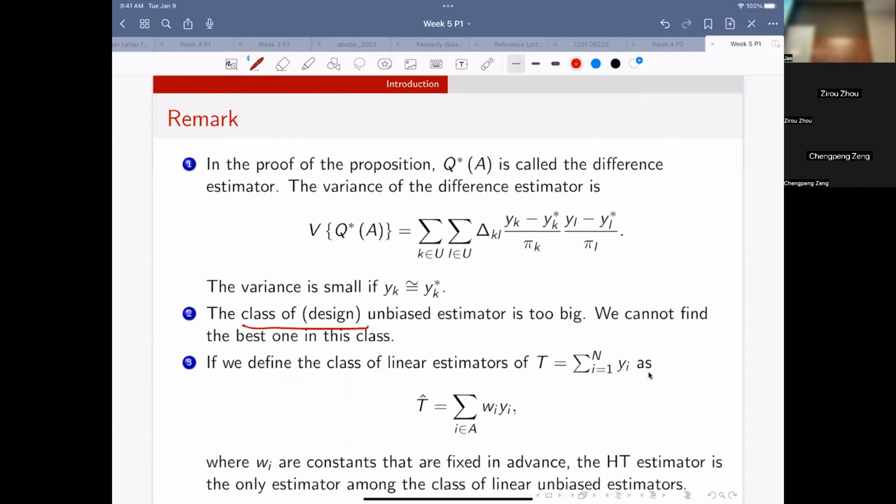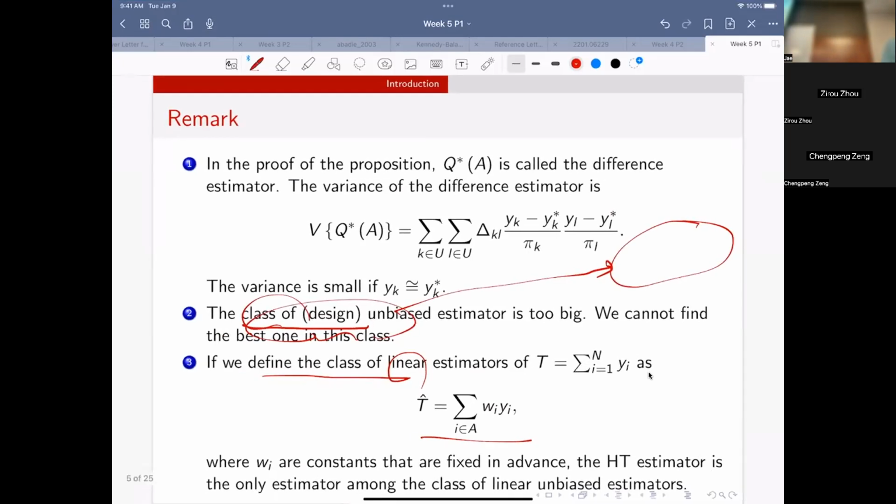So maybe we should consider a smaller class. And if you narrow down and choose your class to be linear estimators, then we also have a problem, because this class is too big, so there's no uniformly best one.